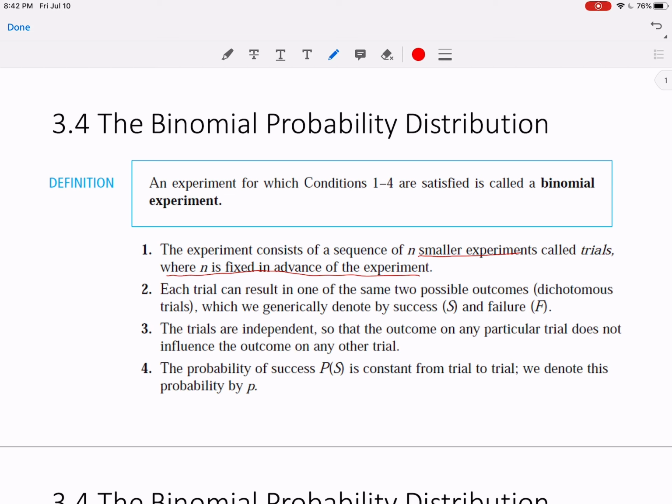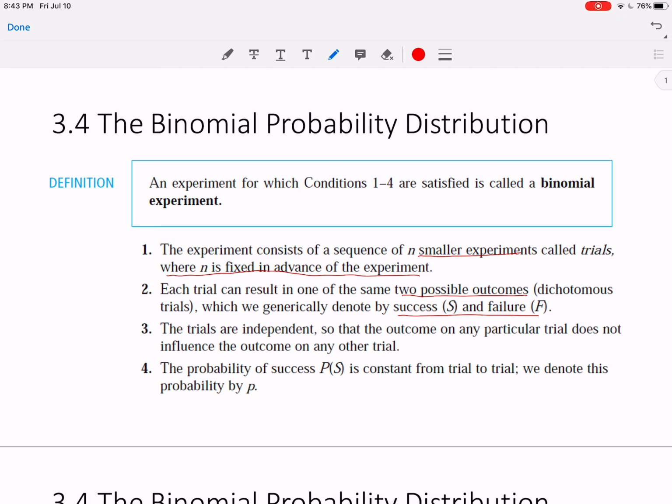Number two, each trial can result in one of the same two possible outcomes, which we generally denote by success and failure, which means each trial of an experiment should have only two possible outcomes, success and failure, or yes or no, or head or tail, whatever. But anyway, there gotta be only two possible outcomes from each trial.